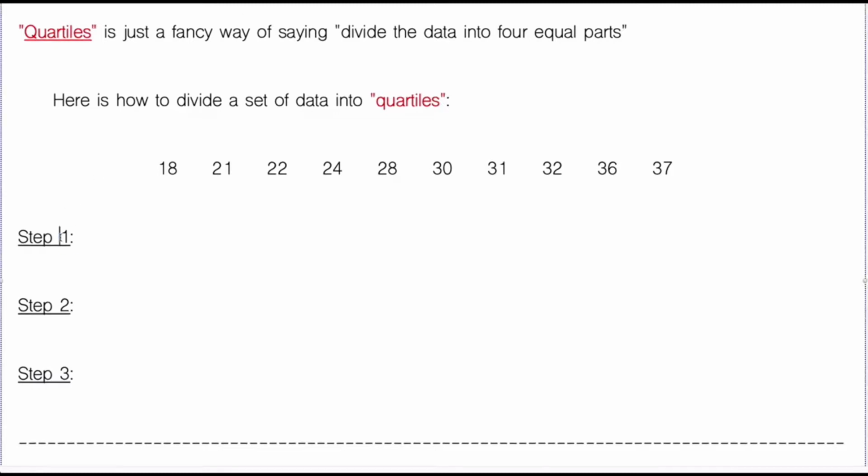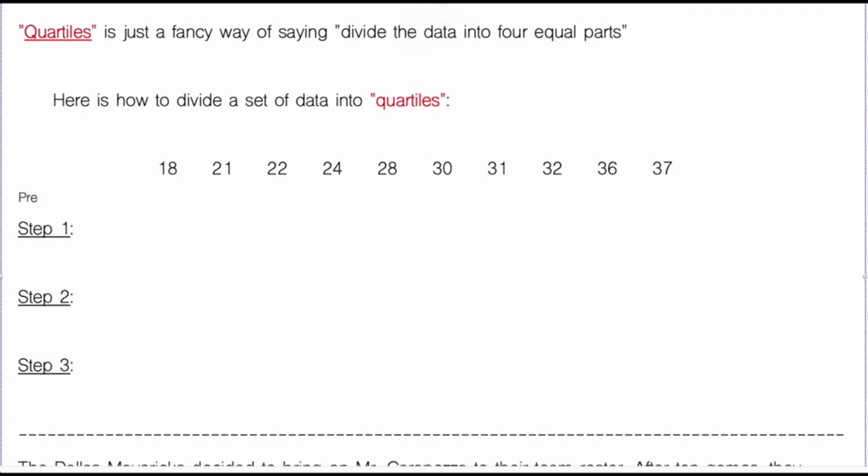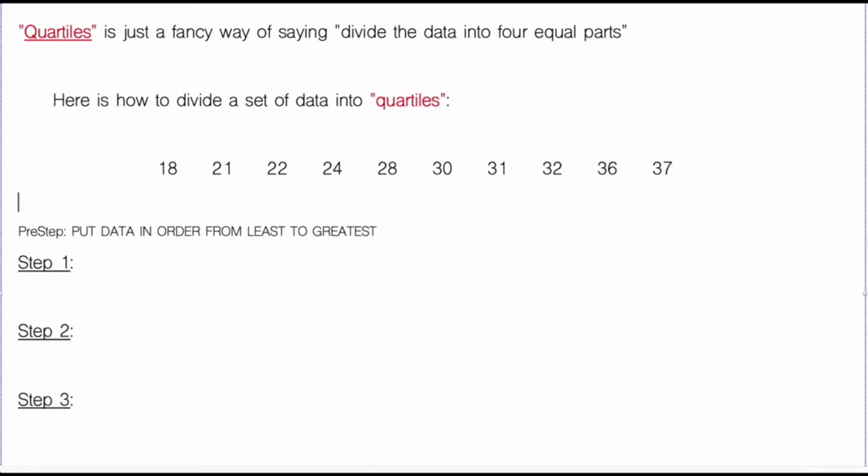If you want to break a data set into fourths, I'm actually going to put a pre-step. Pre-step: put data in order from least to greatest. Your first step before anything else is you've got to order your data from least to greatest. You can't do anything unless that occurs.